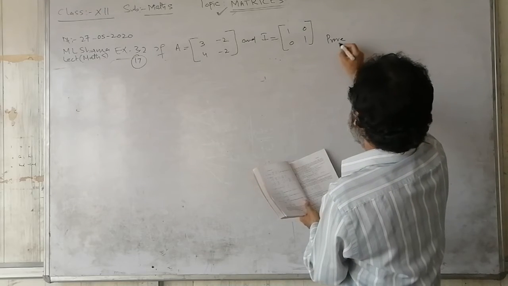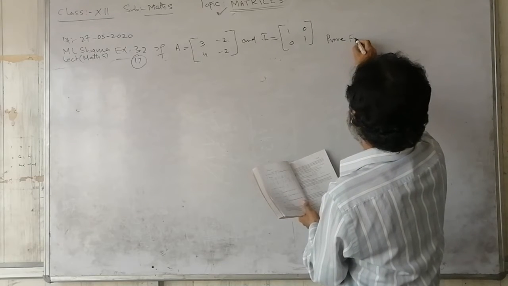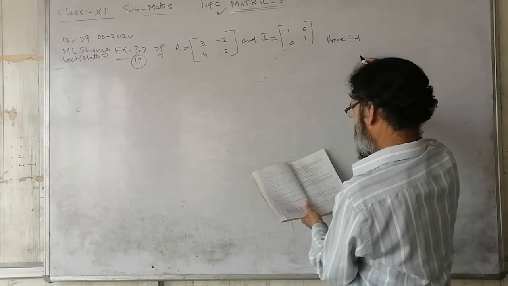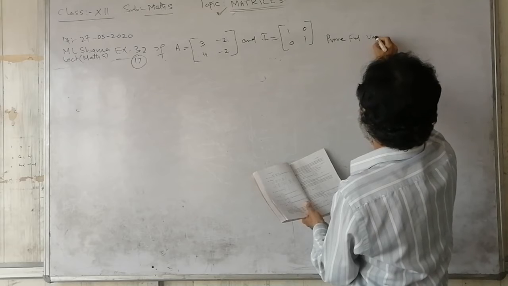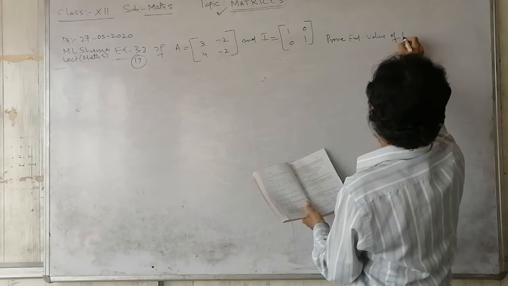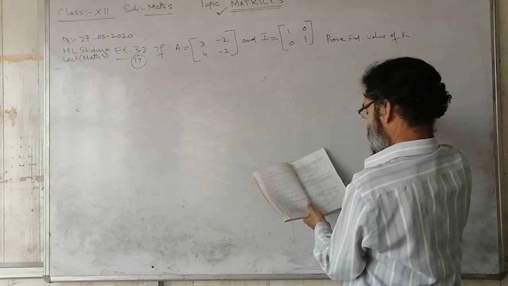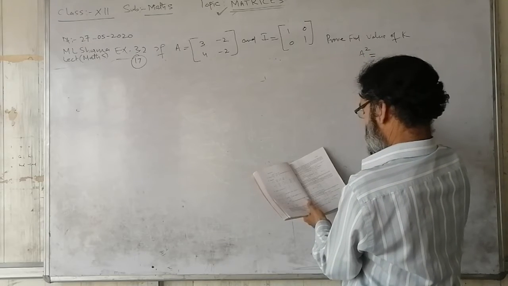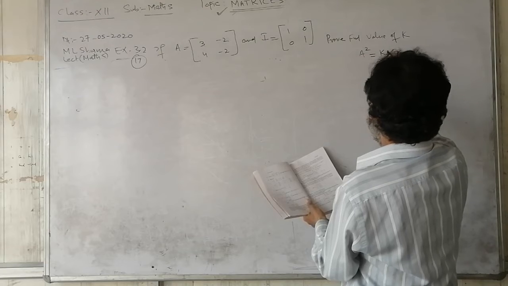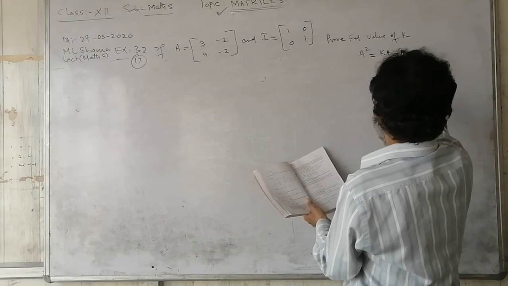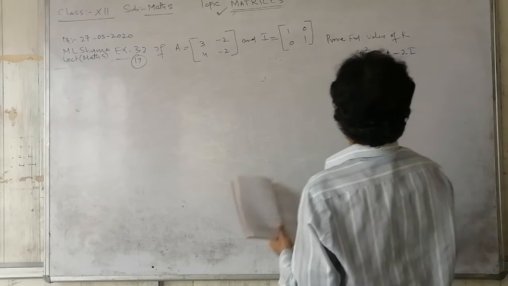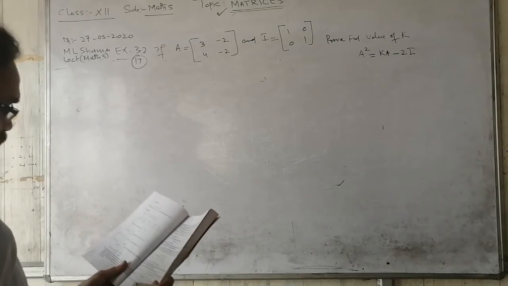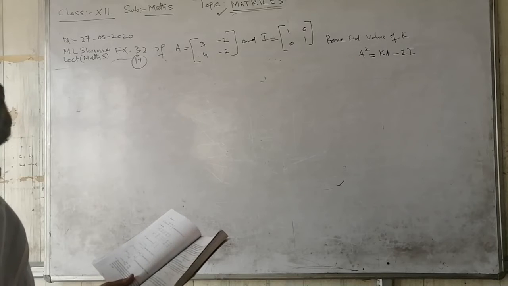Find the value of K. You have to find the value of K, a constant, so that A square is equal to K times A minus 2I. So this is the question. You have to find the value of K.